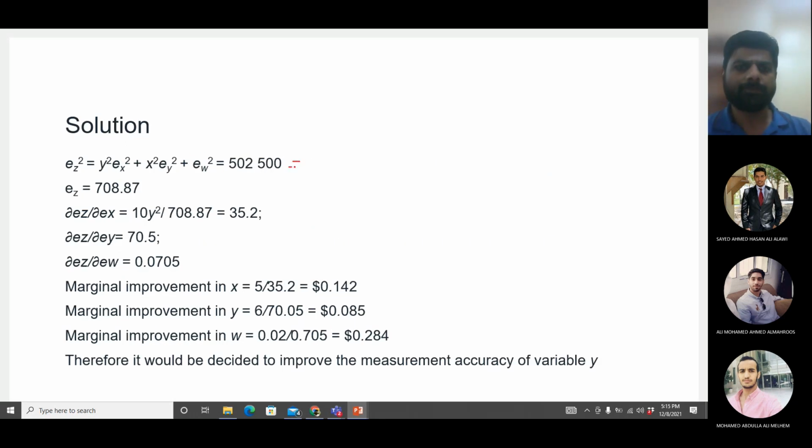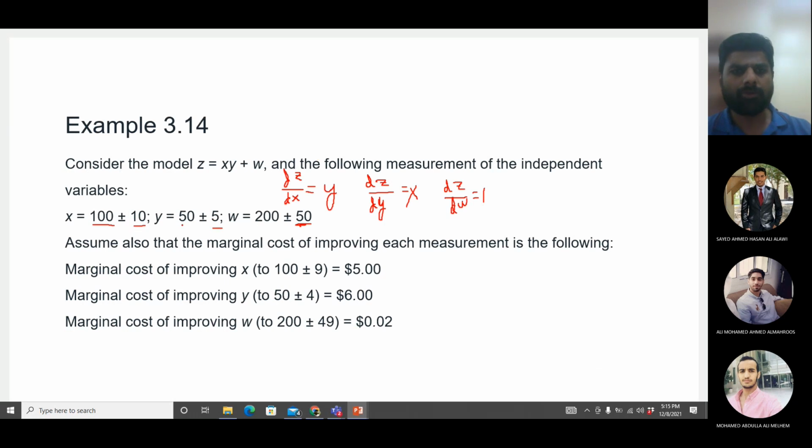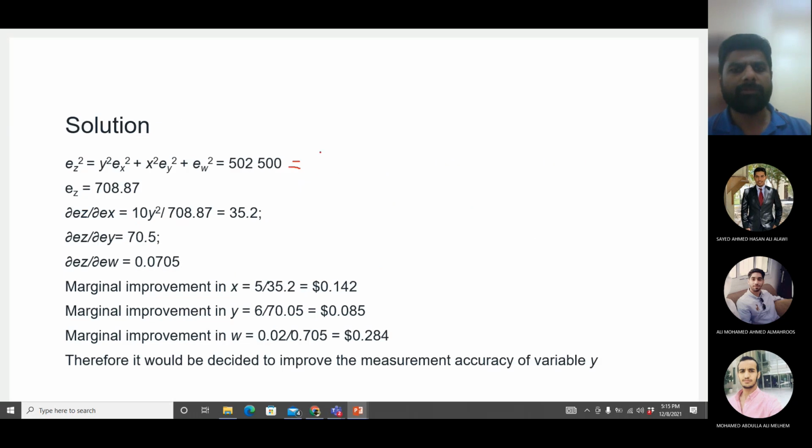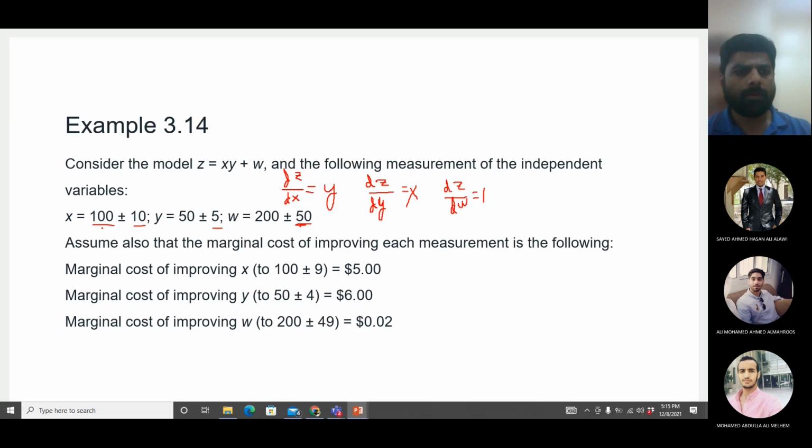So how did I get this answer? Y square, meaning the average value of Y, which is given here, 50, into EX square, which is 10 square. So it will be 50 square into 100, sorry. Plus X square, which is 100 square, into the error of Y square, which is 5, so 5 square.